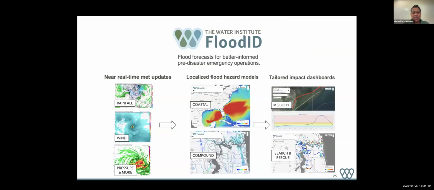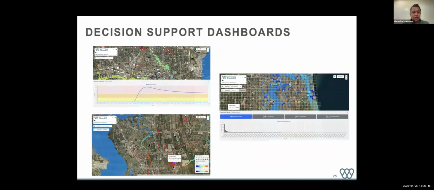Finally, the other application for the Sphinx model was to develop a real-time decision support system. This system takes near real-time metocean updates, puts them into our compound flood model, which is Sphinx in this case, and then provides a variety of impact dashboards: flood extents, flood depths, ability to navigate roadways, search and rescue grids, multiple things.